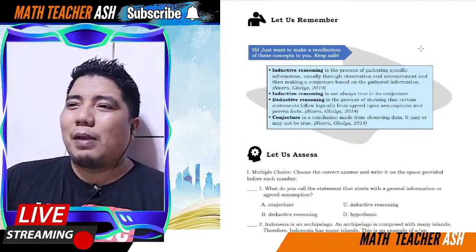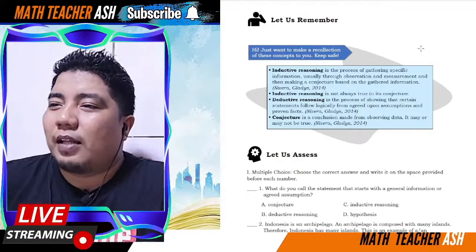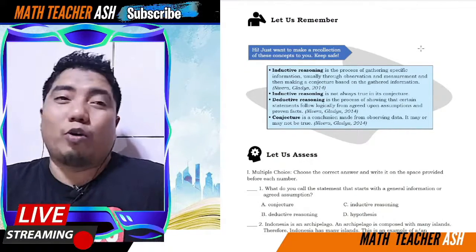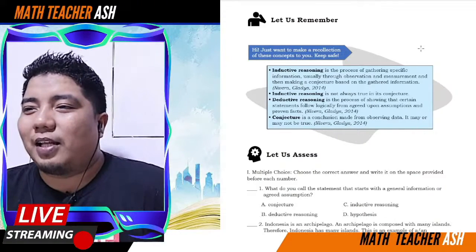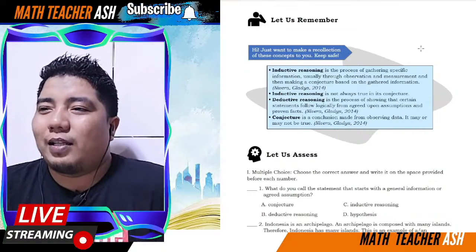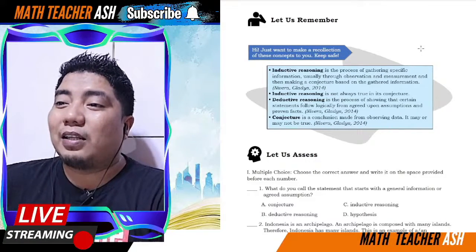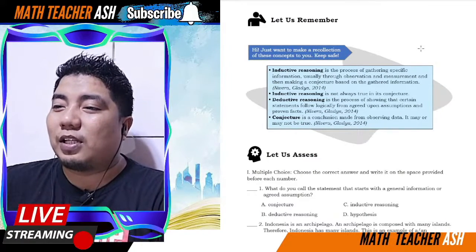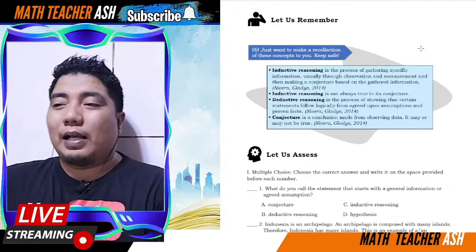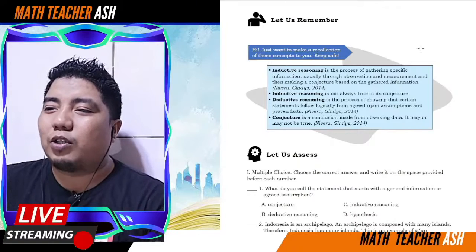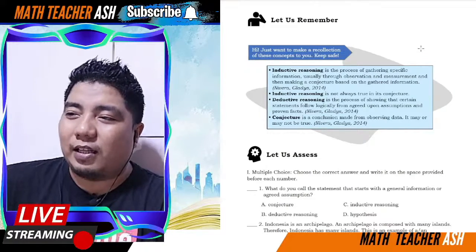So, let us remember that inductive reasoning is the process of gathering information, usually through observation and measurement, and then making conjecture. While inductive reasoning is not always true in its conjecture. Deductive reasoning naman is the process of showing that certain statements follow logically from agreed upon assumptions and proven facts. So, conjecture is the conclusion made from the observing data.